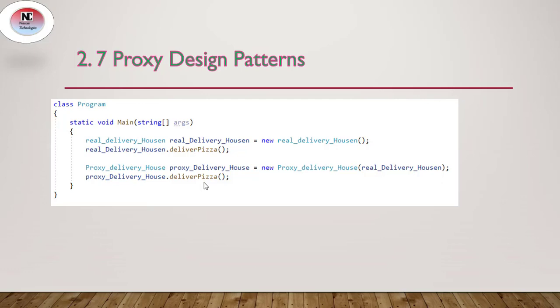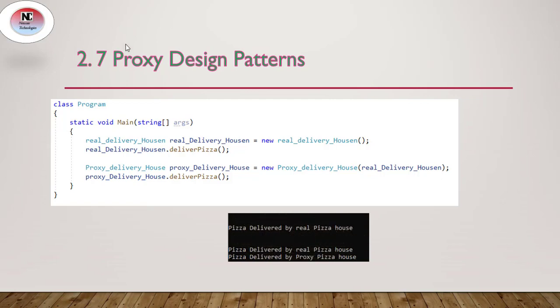So the proxy is going to call the delivery methods. This is how we have created the proxy design pattern. You can see in the output of both of them, the first delivery says pizza delivered by Real Pizza, and the second, the proxy, says delivered by Real Pizza and Proxy Pizza both.